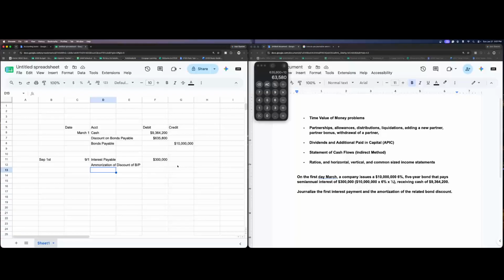So then this amortization of the discount of the bonds payable, you guys can see the interest payment. What you guys would most likely also have is accumulated amortization.